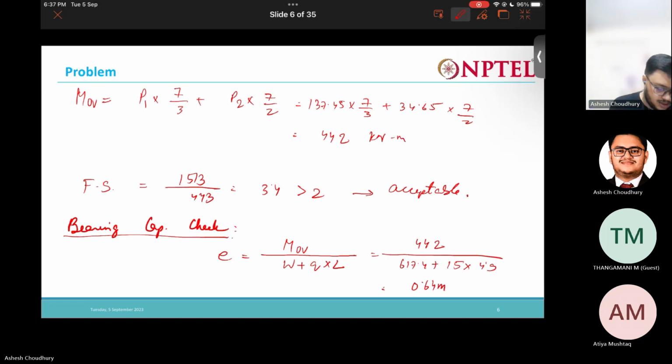This is less than L by 6, the width of the base by 6. We need to check this criterion, as I told in the previous class also, because we need to ensure that there is no tension at the base of the reinforced block or the base of the footing.